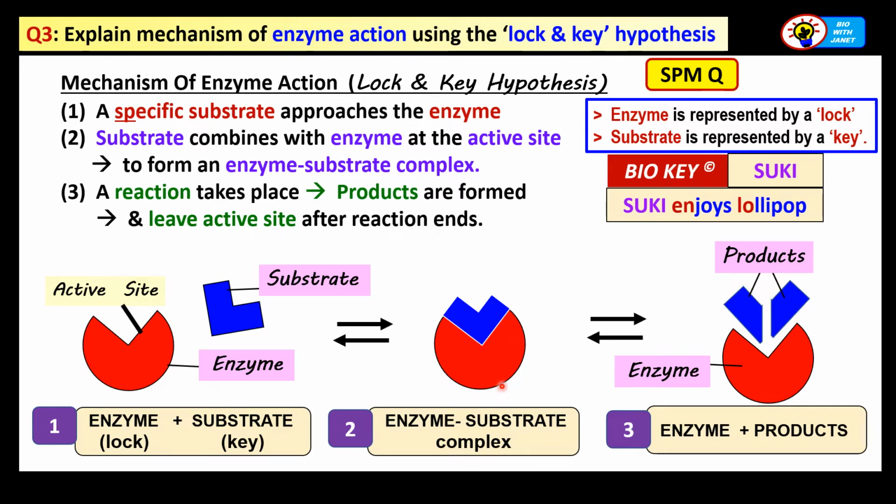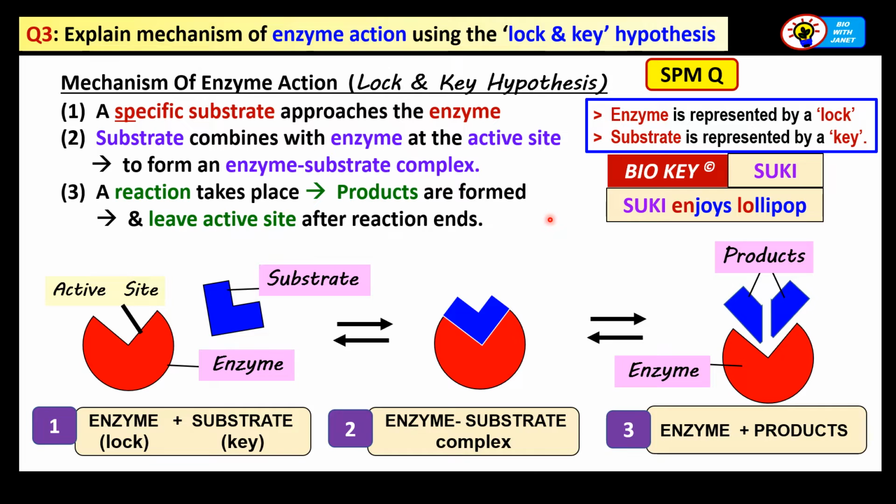If it's mentioned in the question already that this molecule represents the substrate lactose and this is lactase, then you have to say that the structure here is the enzyme substrate complex, which is lactase lactose complex.